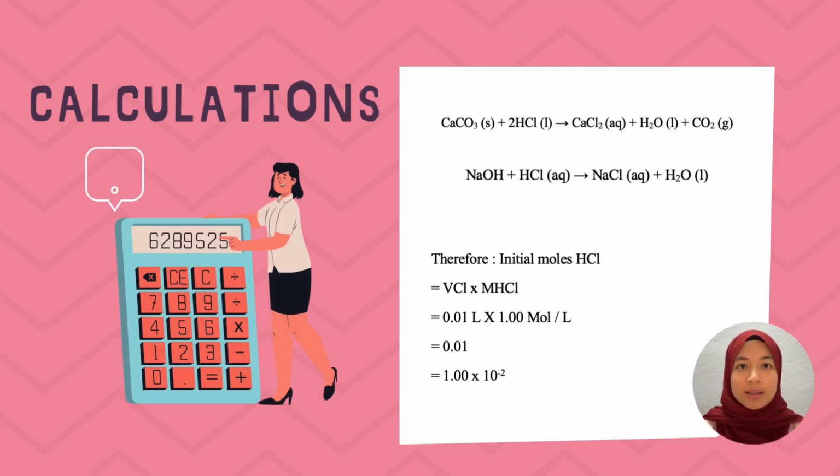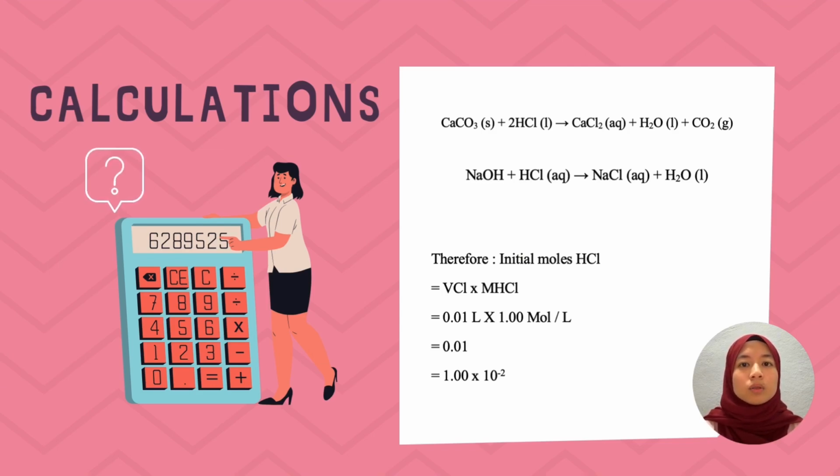Now let's look at the chemical equations. We have CaCO3 plus 2HCl as the reactants and CaCl2 plus H2O plus CO2 as the products. For the next chemical equation, we have NaOH plus HCl as the reactants, and we will get NaCl plus H2O as the products.